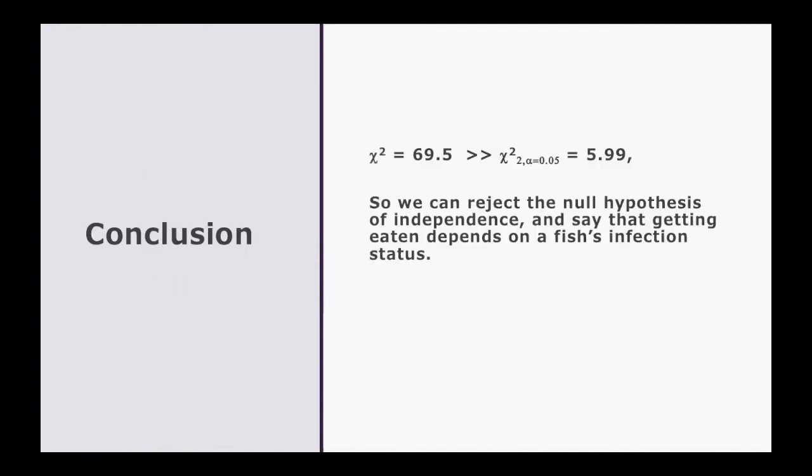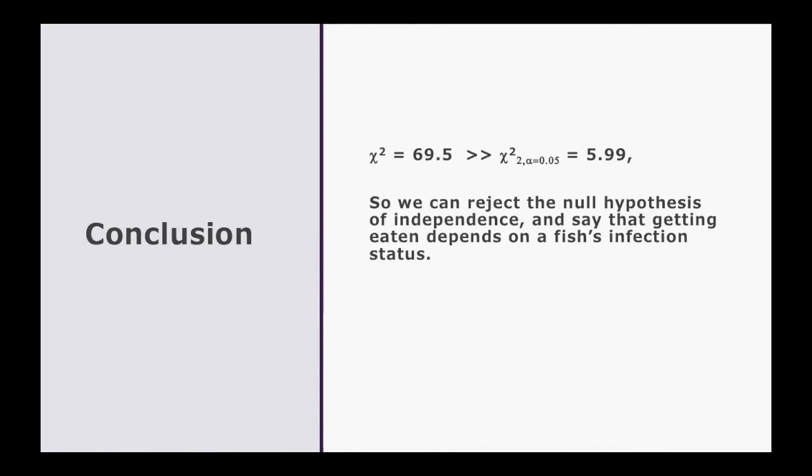So what can we conclude then? Well, our test statistic was very large relative to the critical value for a chi-squared test statistic with 2 degrees of freedom. And so the chances of getting a test statistic as extreme or more extreme than what we observed in this experiment is really, really, really low.